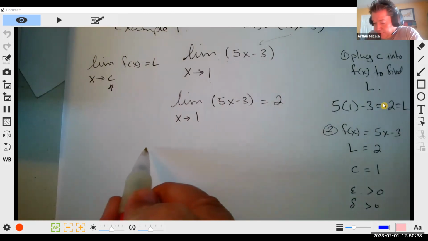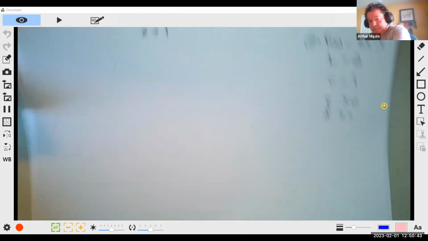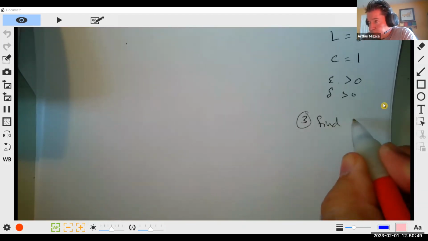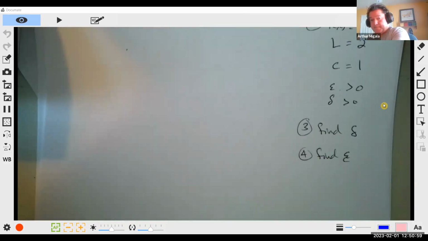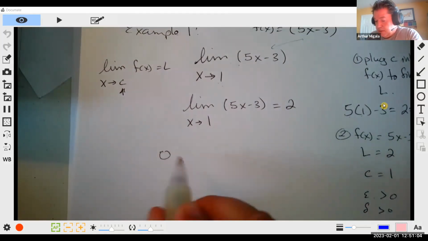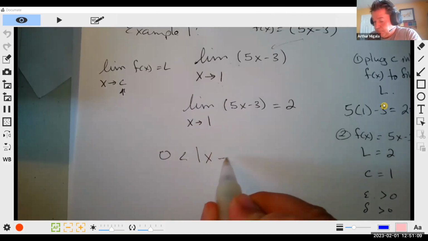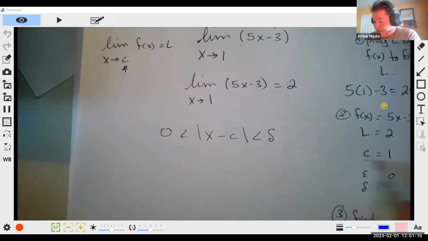All right, so let's look at this. Step 3: find delta, then find epsilon. We find delta by using the x values, and we define c as 1.